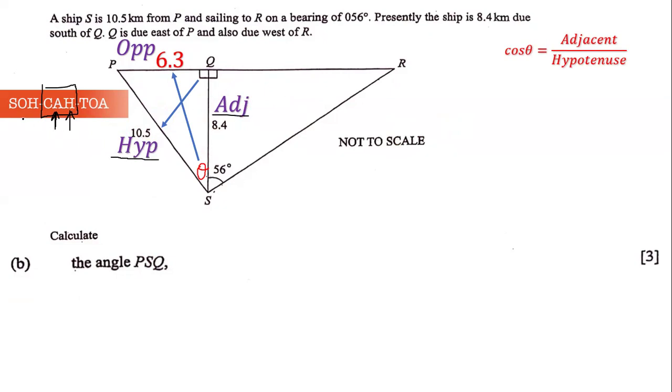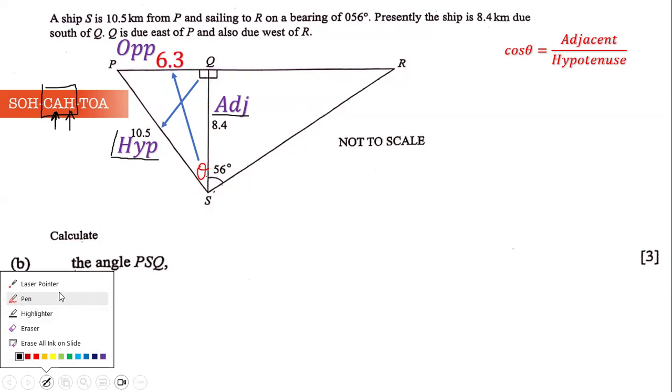Now, like I said, we could use any one of these three trig ratios since all three sides are given. But I want to use the trig ratio that uses the sides that are given. So here 10.5 is given and 8.4 is given, and I don't want to use the side that we found, which was 6.3. Why, you may ask?